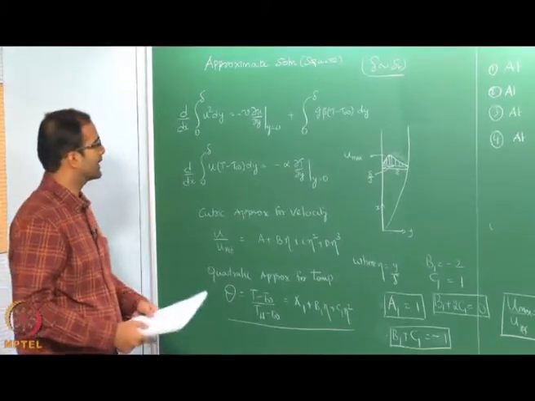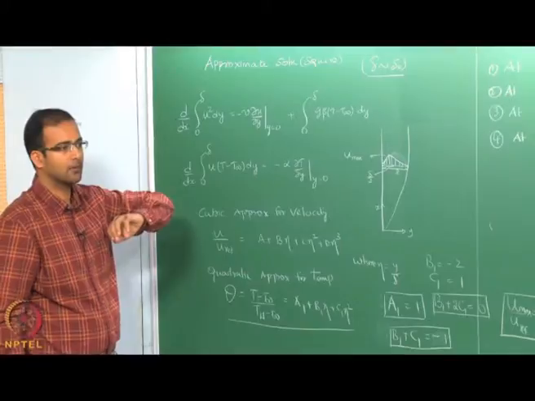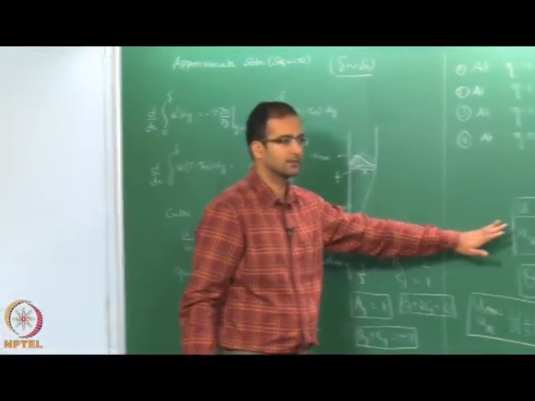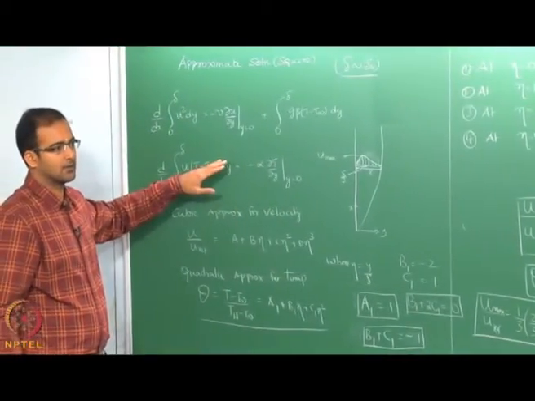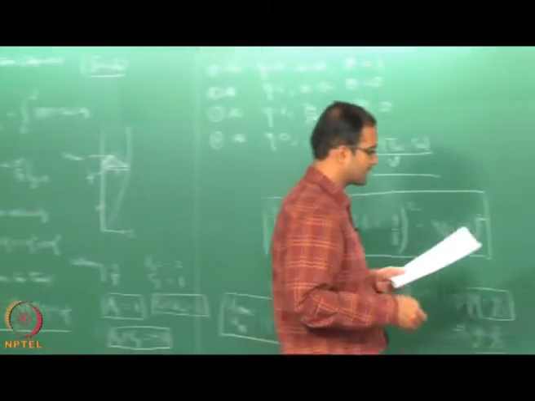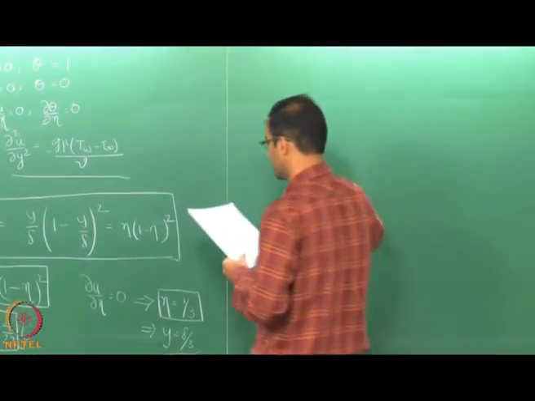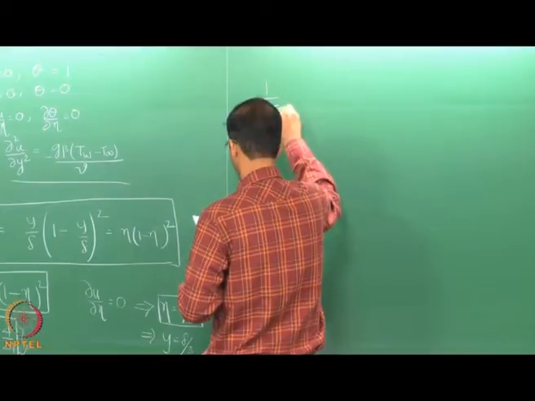You have only delta, the only boundary layer thickness, but what you do not know is u reference. So if you simply substitute and integrate with respect to y, this is the following equation that you will get.